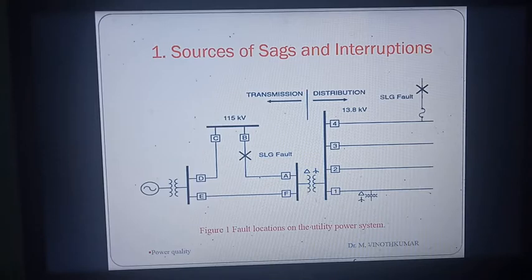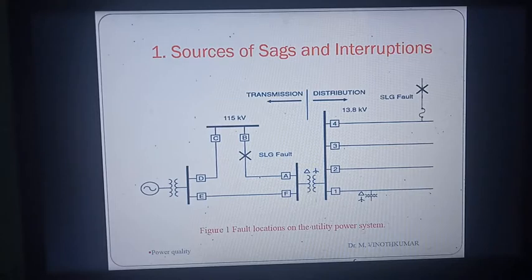So during the fault, the distribution side or the customer side can experience the voltage sag. Wherever the fault occurs, on the transmission side or distribution side, the breaker will immediately open to clear the fault.